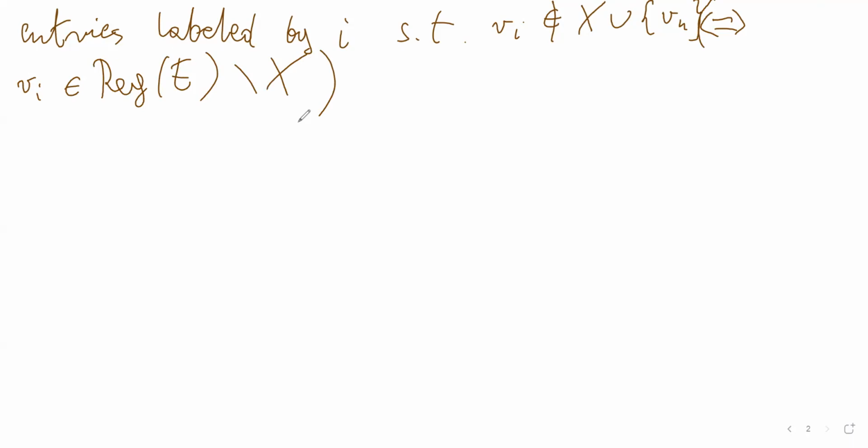And what I do at this entry, so all these diagonal entries labeled by such an I, are changed to the unital commutative ring, because it used to be a field everywhere, right? If you have the usual matrix algebra, MNK, every entry is just our ground field. And now on the diagonal, but only at this spot labeled by I's, such that VI satisfies this property, my ground field is changed to the unital commutative ring.